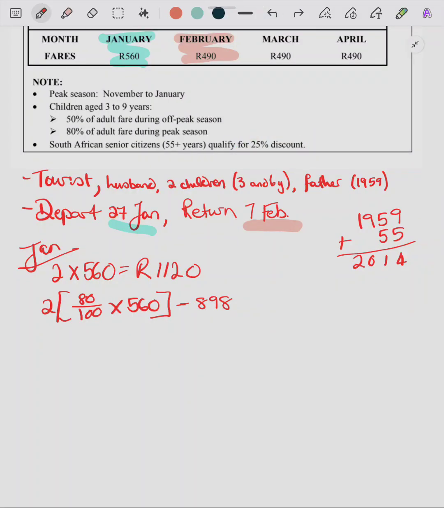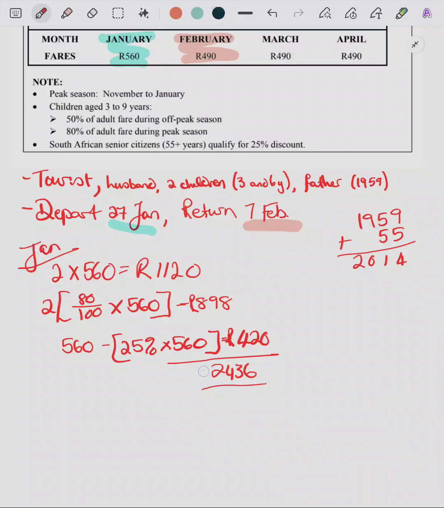So he would be 560 minus his discount of 25% of 560. That's the discount, and therefore his price is going to be 420. Now I can total those amounts up, and when I add those three values together, I get the price for January to be 2436.